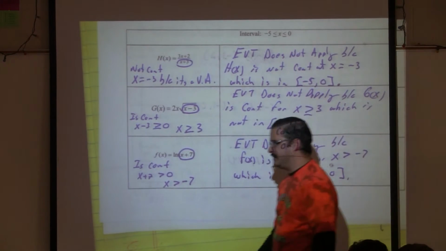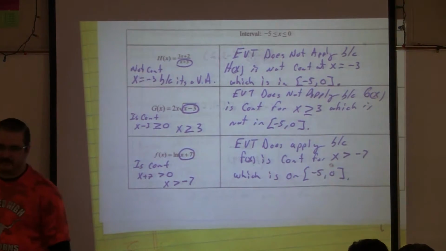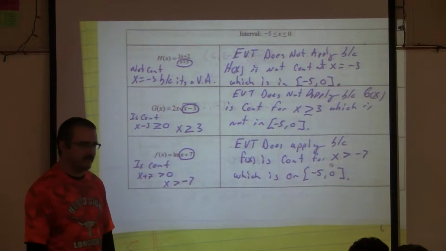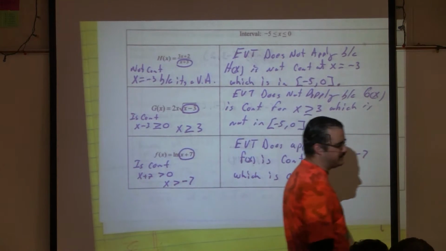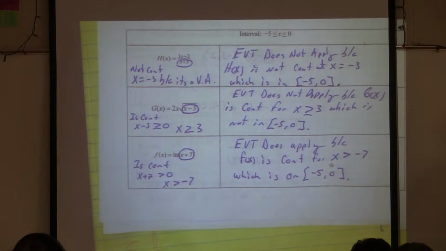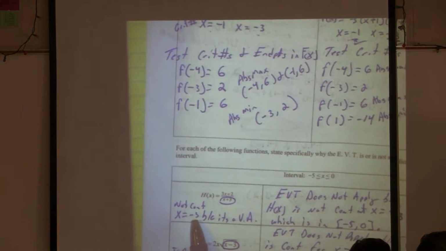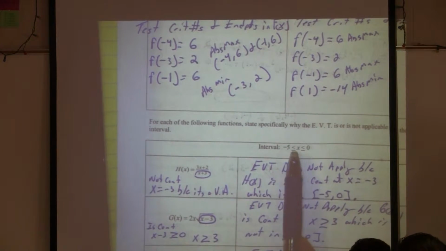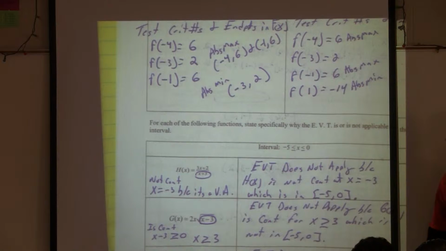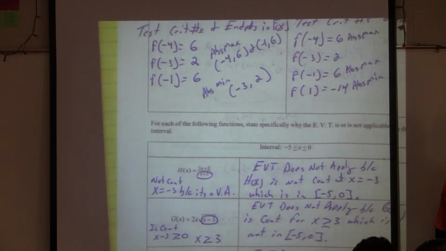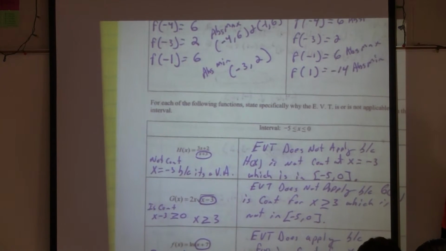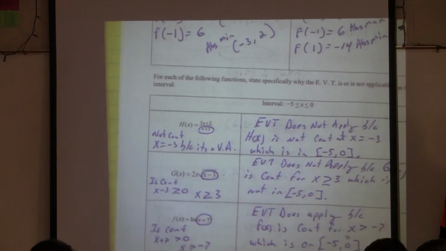So this is one important thing to check before you take off and start finding your absolute maximums and minimums: check to see that the function is continuous on that particular interval. For example, if this would have given me negative 3, I know that's where it's not continuous, but if it wasn't in this interval, would I still be able to find the absolute maximums and minimums?